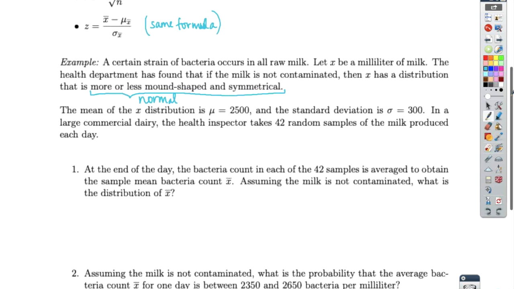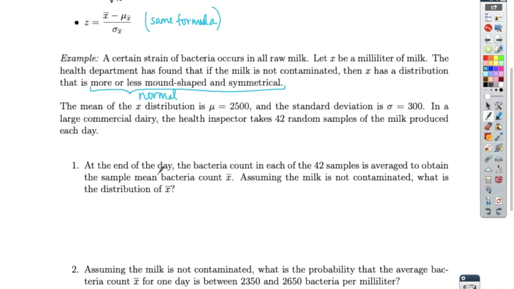So, we talked about a couple things here. There are two different ways to answer this.